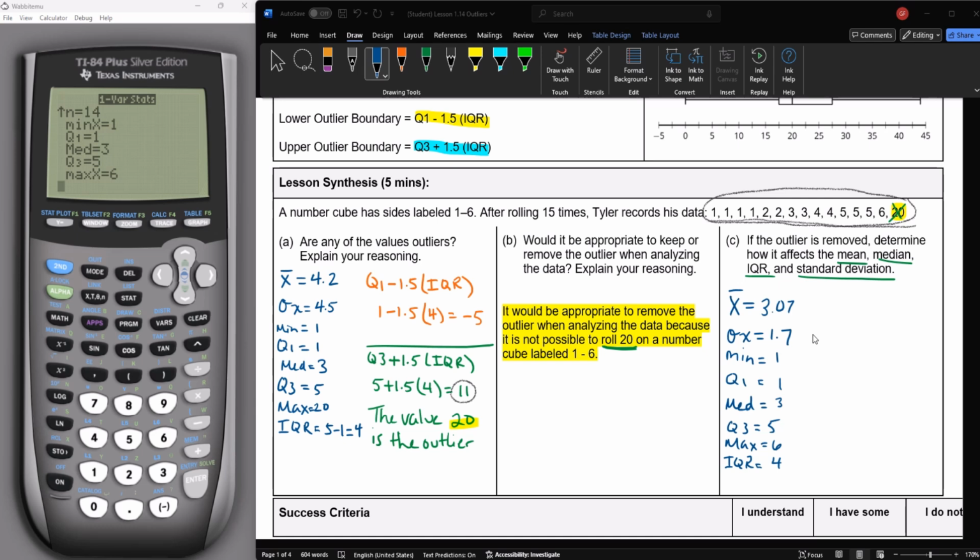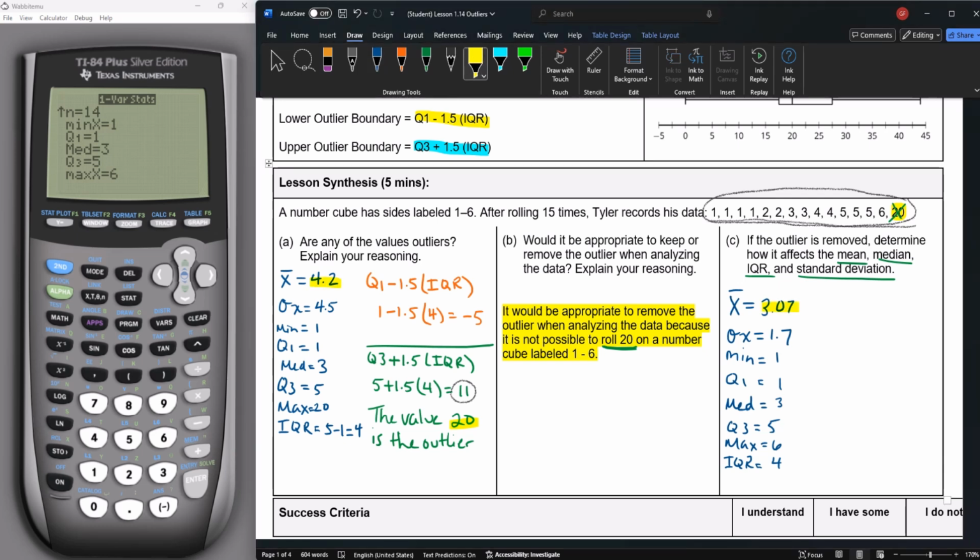We take a look at our mean. We see that the mean has decreased. Our standard deviation in this case has decreased. But everything else essentially stays the same. The maximum in this case also decreases because we removed that 20. The IQR basically stayed the same.